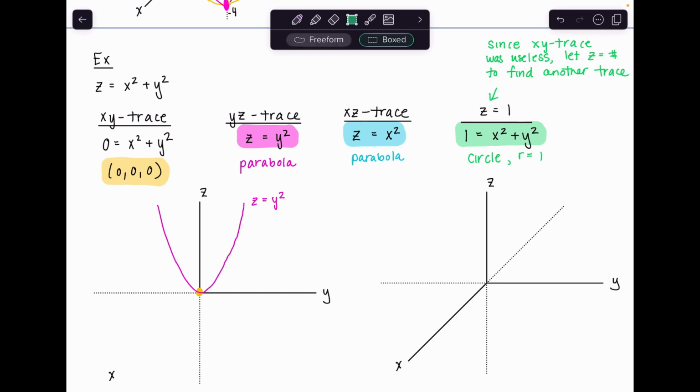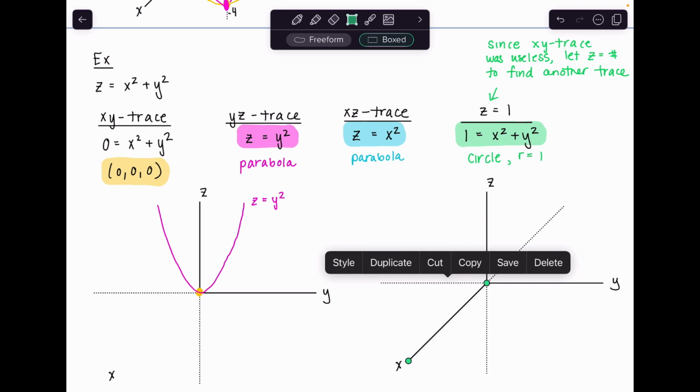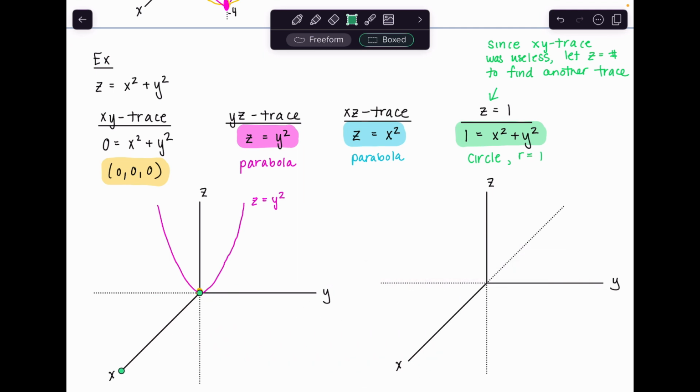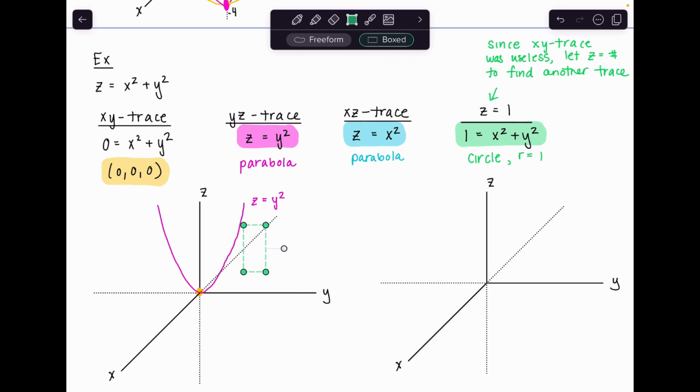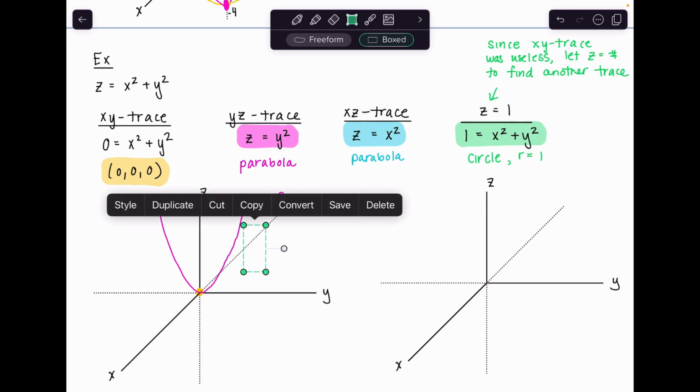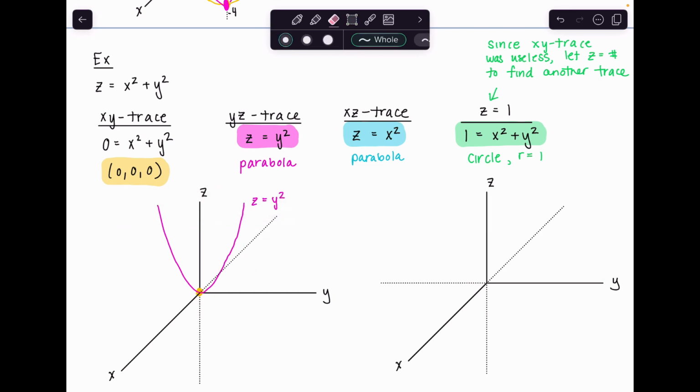Now we can go ahead and add the x-axis back in. Moving on to the xz trace, we ignore y. Again, I'm going to get a parabola, but it's got to open in the z direction.